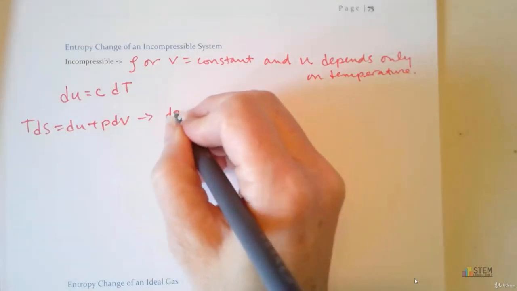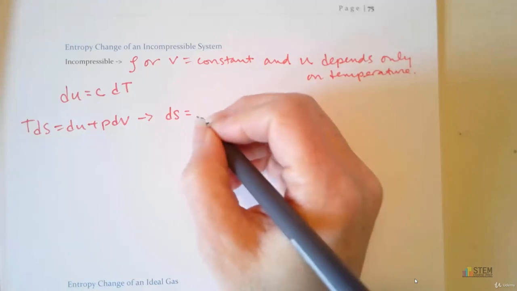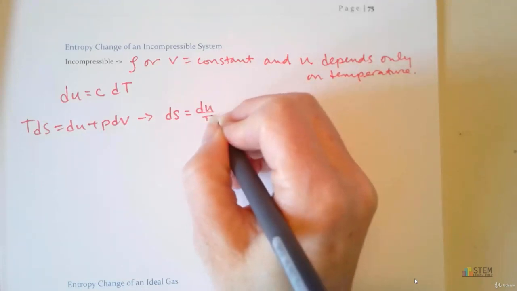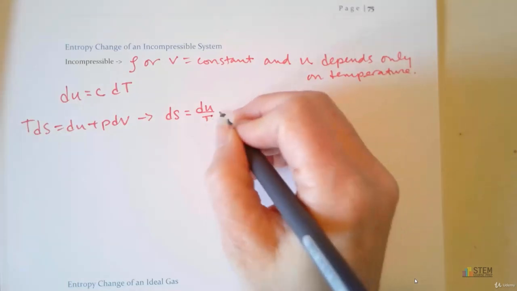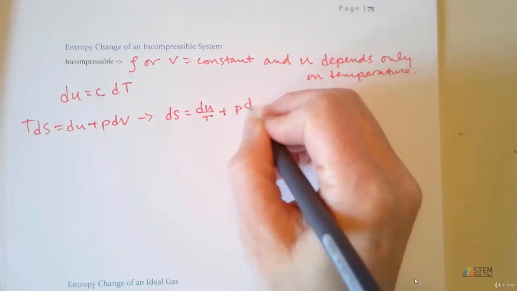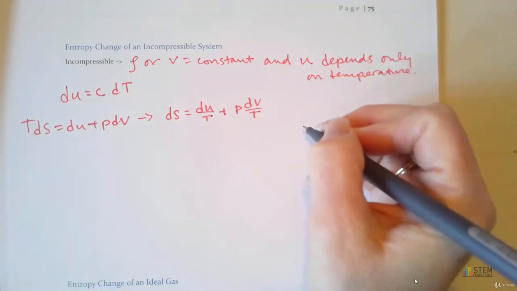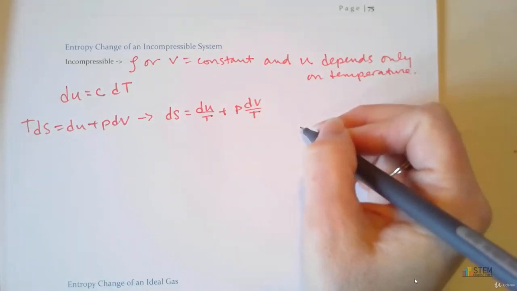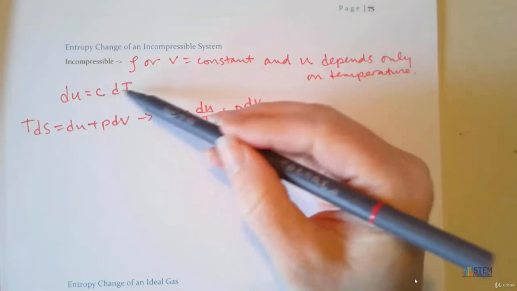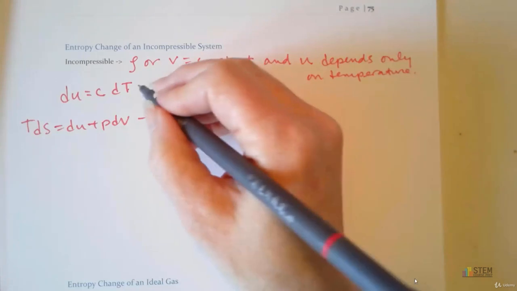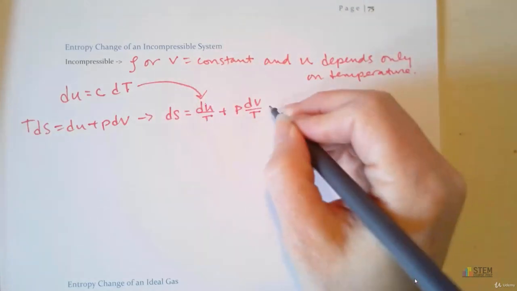That would give us ds equals du over T plus P times dv over T. So now we've got that. Now we already know du is C times dT, so we could plug that in right here.